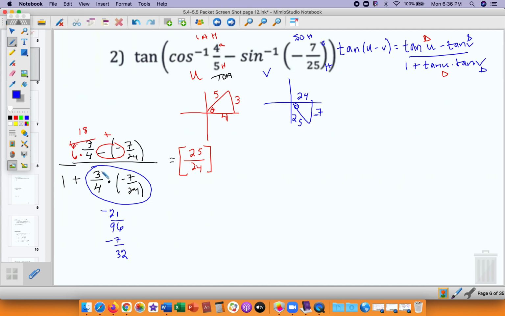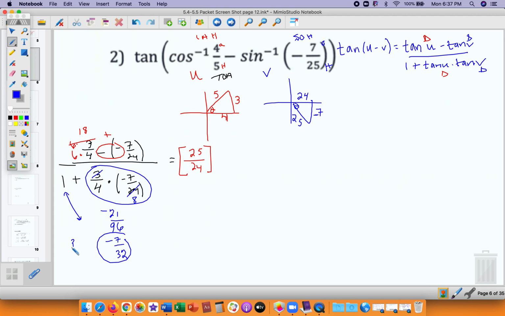And you can notice right off the bat that this divides by 3 and this divides by 3, right? So 3 divided by 3 is 1, and 24 divided by 3, we would get the 8. So now we're left with negative 7 over 32 plus 1.